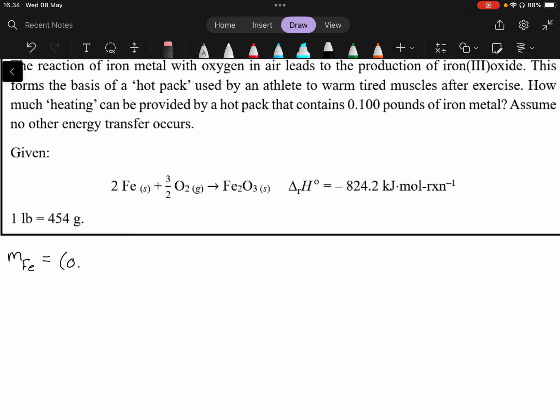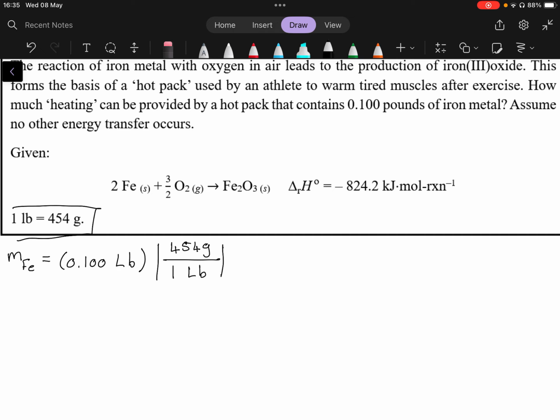So currently we have 0.100 lb. I struggle to write this unit so that it looks proper, so I'm going to call it large LB. It's not really what it is, it's small lb, but so that you can actually see what I'm doing. And we're also told that there are 454 grams in 1 pound.